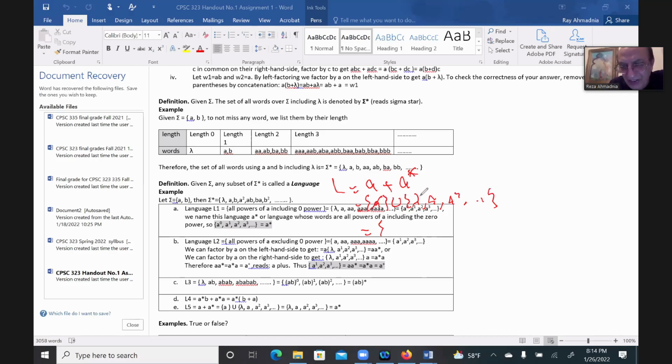I have A here, I have A here. So this A is not going to add anything more to this one. I have lambda, and then A, and then A squared, and so on. So the union is just A star. This one already has A. If I add one more A here, I don't get two A's because it is union. So what is A star or A star?